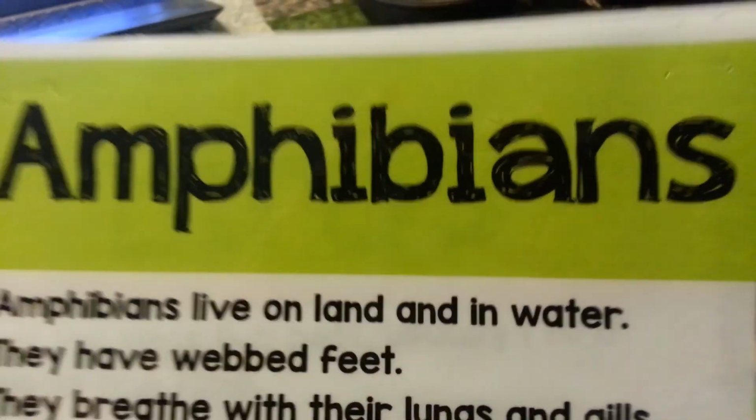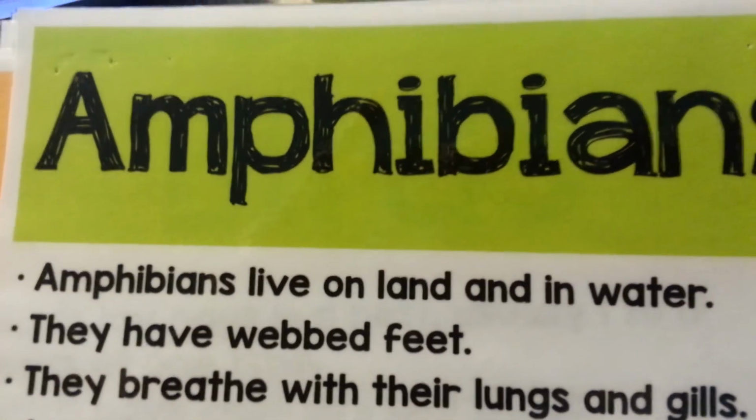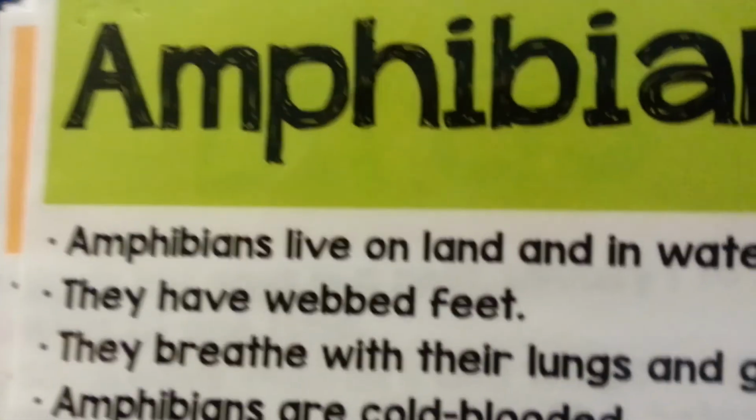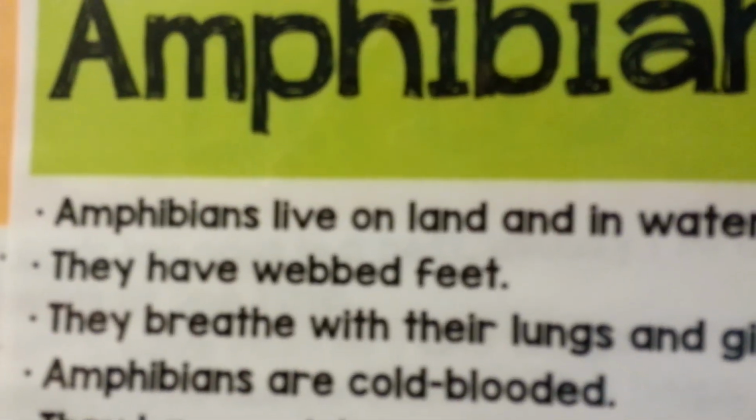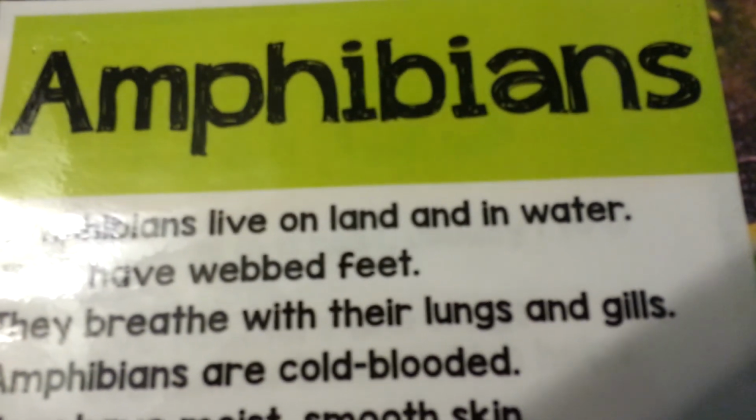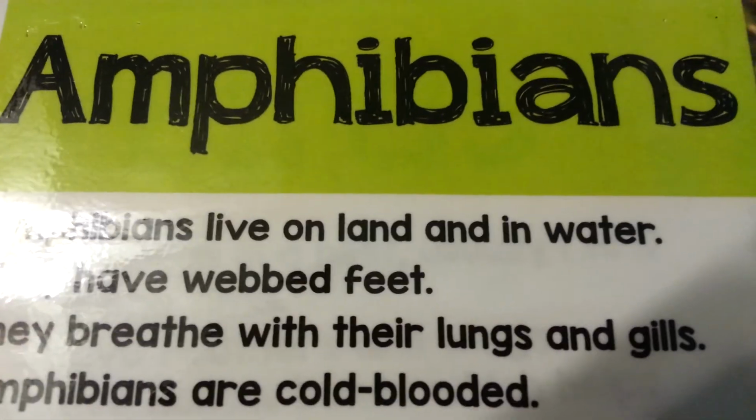Now we're looking at amphibians, and the big thing about amphibians is that they live on land and in water. Now I told you before that this name amphibian refers to 2 lives.